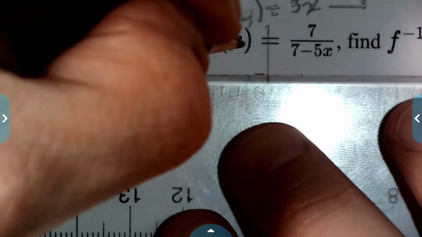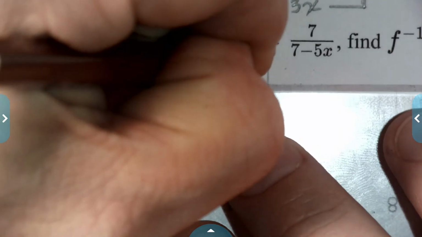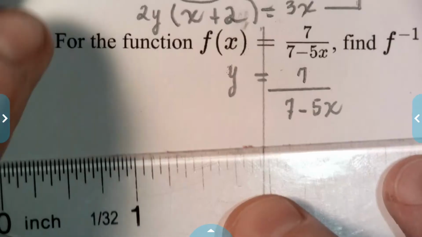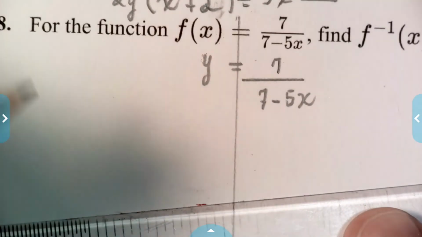And then step 2 is to write y equals 7 over 7 minus 5x. Okay, now let's replace the x and the y. So x equals 7 over 7 minus 5y.